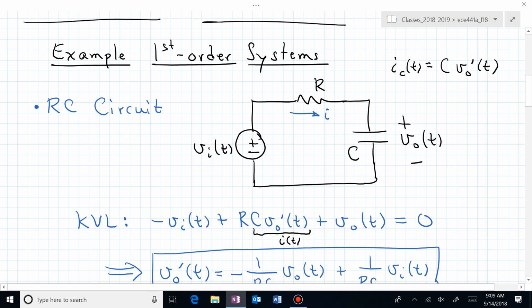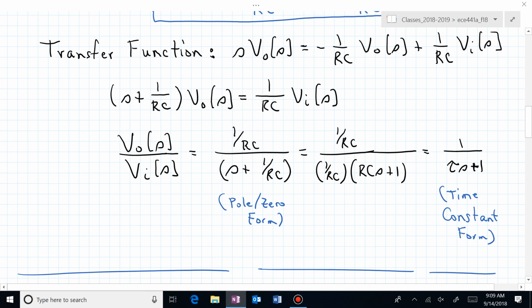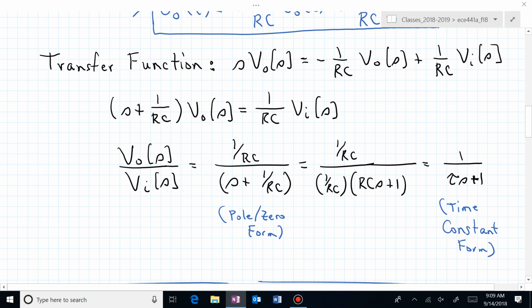And then you would have Laplace transformed little v sub I, giving you capital V sub I. You would have had to worry about the impedance of your capacitor, which is 1 over SC. What's the impedance of a resistor? The same in the time domain and the frequency domain. It's R. And do the analysis with algebra, and now you have the same transfer function.